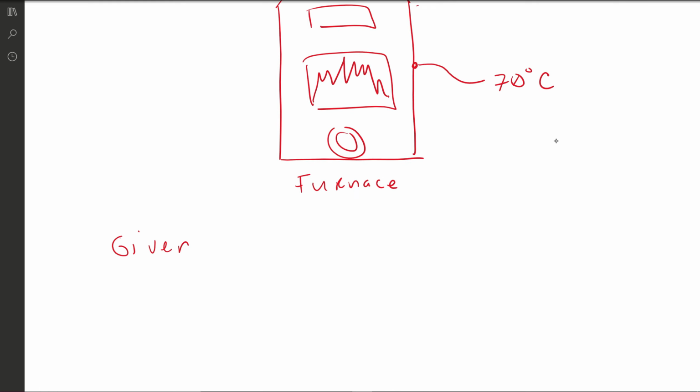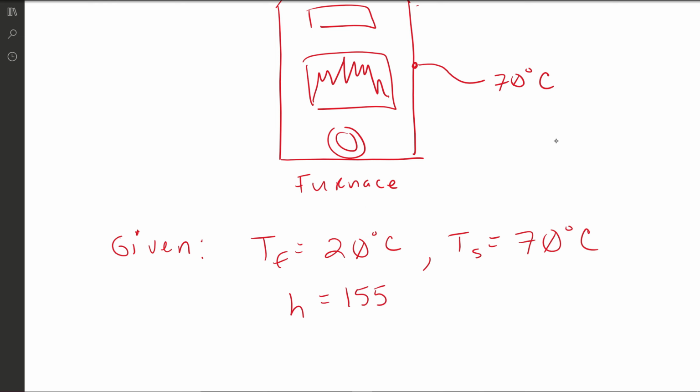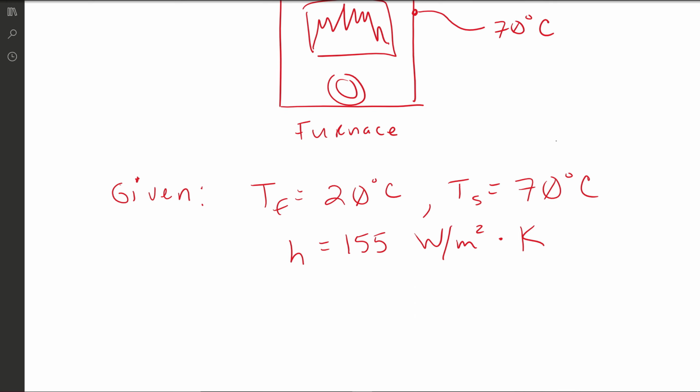So what are we given? This will be what we're given in the word problem or in the diagram. We're given T sub F is 20 degrees Celsius, T sub S is 70 degrees Celsius, h is 155 watts per meter squared times K. This convection heat transfer coefficient is not something very easy to analyze.